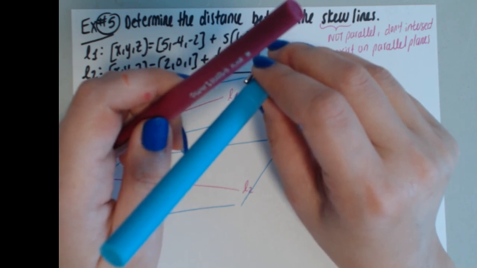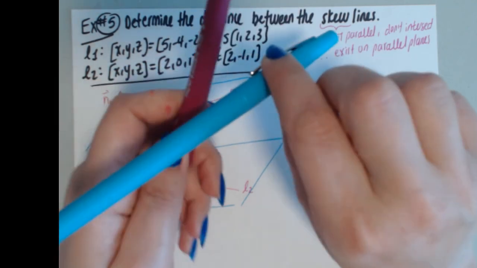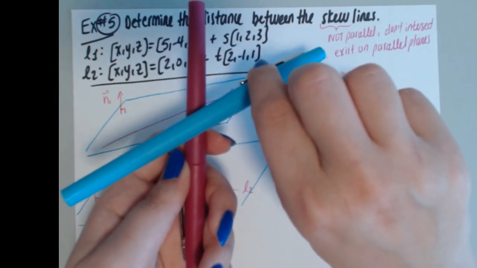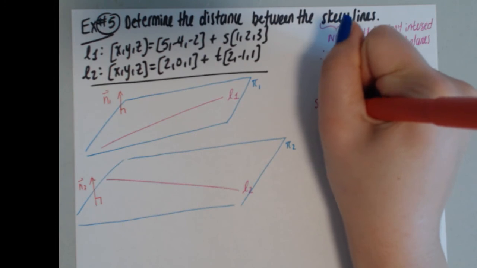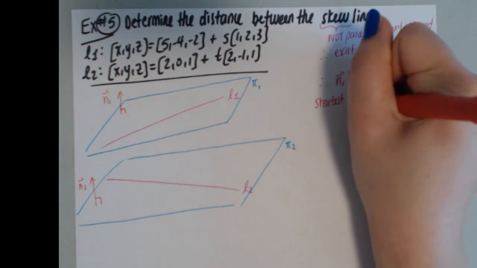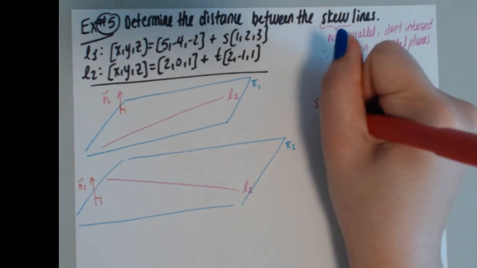But if I pick an even further point, so if I pick the ends of the pens, for example, there's an even bigger distance there. So what distance are we referring to here? We're referring to the shortest distance. Now, the shortest distance is the common perpendicular.